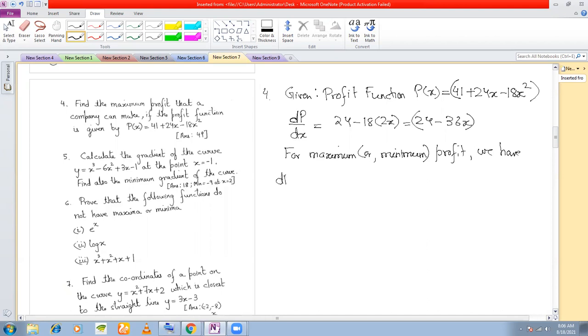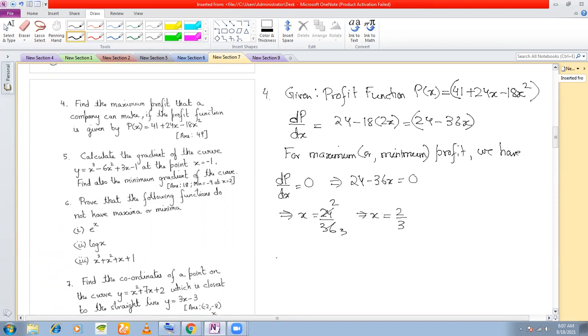The first derivative must vanish. That means 24 - 36x is equal to 0. So that gives us x equal to 24 by 36, that gives us x equal to 2/3.